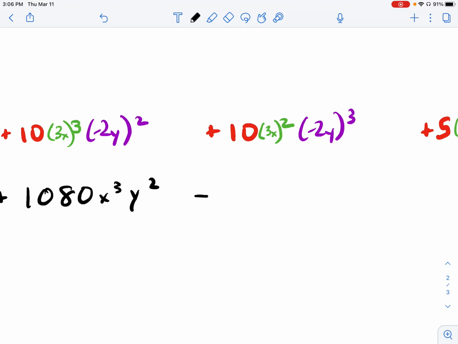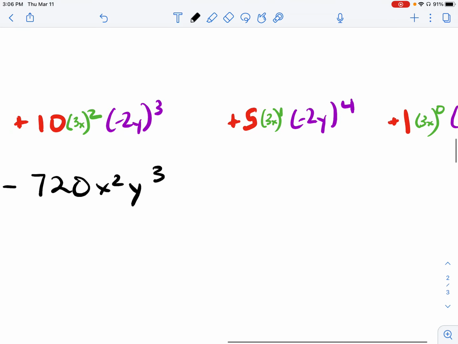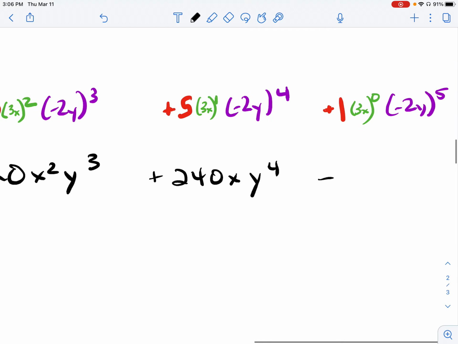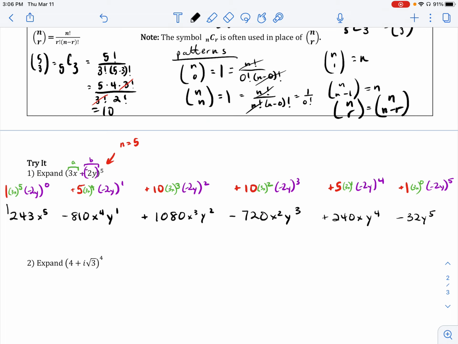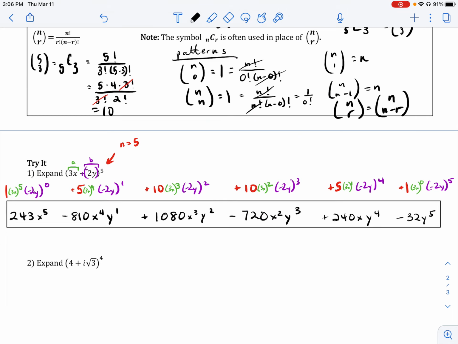So this all is going to be negative, so I have negative 720 x squared y to the 3rd. This one would be plus 240 x times y to the 4th, and this would be minus 32 y to the 5th. So we have all that. We're just going to go ahead and box all of that, and that is our final expansion.